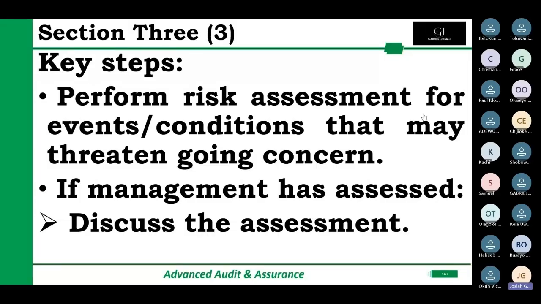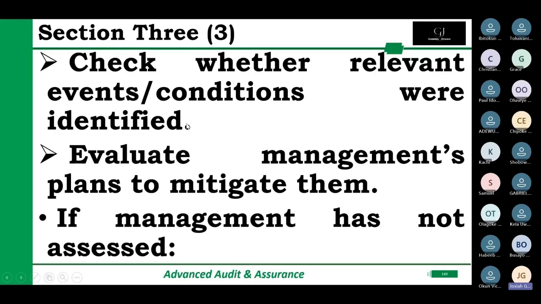All right, so I was speaking to performing risk assessments around events or conditions that may threaten a company's going concern. And the auditor has to ensure that management has assessed the going concern issues of the company, and he also needs to discuss the assessment with those charged with governance.